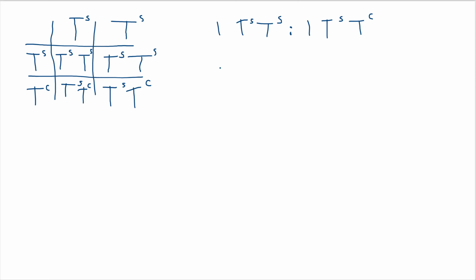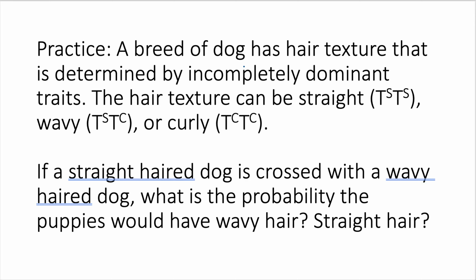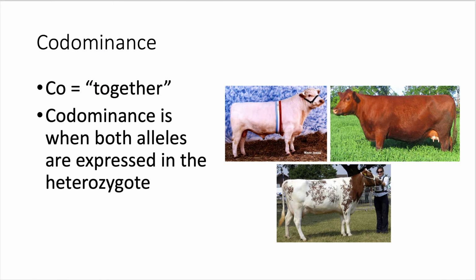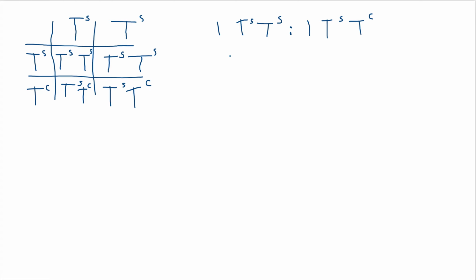So this means that half of the offspring are straight hair. Sorry about that. So they're equal numbers, straight and curly. I actually prefer to use percentages to show.